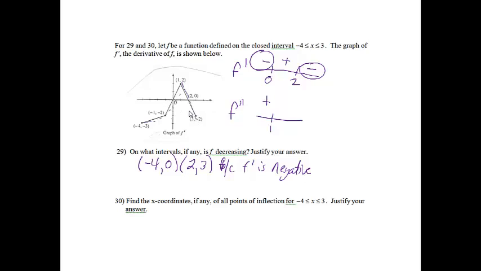And then the slopes are negative because my graph is going down. So my f double prime will be negative. If I want points of inflection, that would be where the second derivative changes sign. And I do notice, yes, indeed, it is changing sign at x equals 1. So x equals 1 is a point of inflection, and that would be because f double prime is changing signs. So we are good to go now.